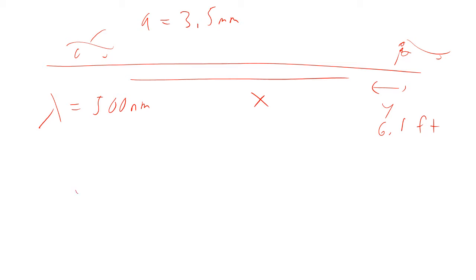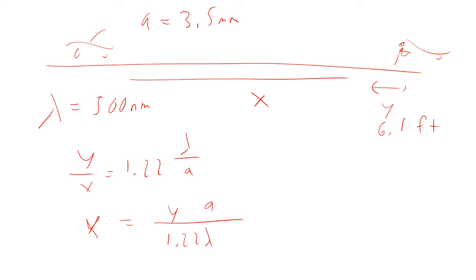Well, we just figured this out. y over x equals 1.22 lambda over a. So x is going to be that distance right there, equal to y a over 1.22 lambda.